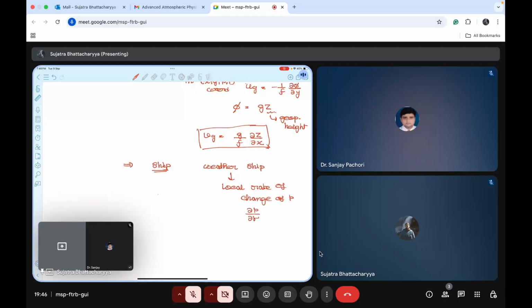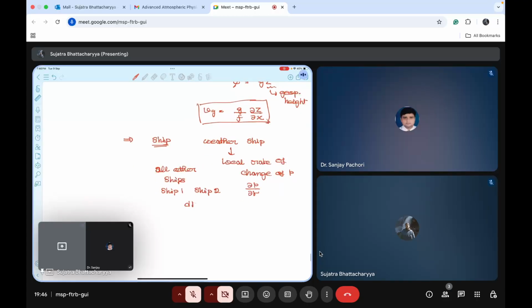But all other ships, like ship one and ship two, whatever change in pressure they are getting, that is dP/dt, the total rate. Use that and try to solve.